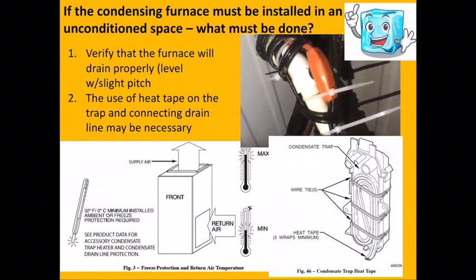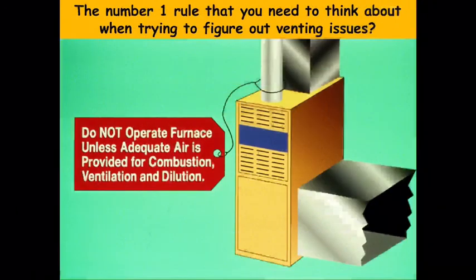The second thing is you probably are going to need to use some heat tape around the condensate trap, which is shown here over on this side. And then you also would have to look at the drain lines. Whatever the drain lines are, if they freeze up, that appliance is going to stop. It's not going to work. So that's generally what you'd have to do on those.